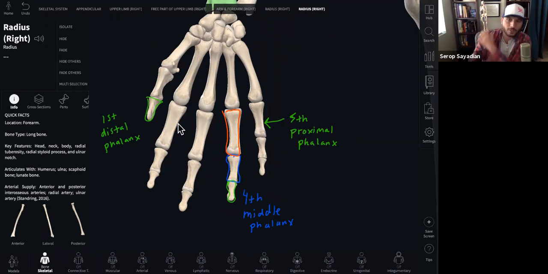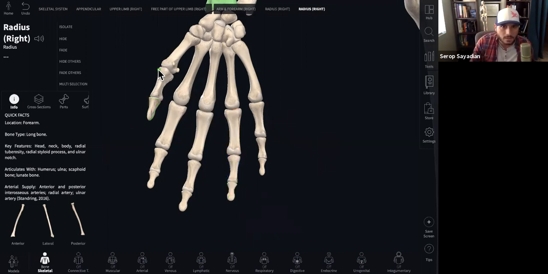Proximal is closer to the point of origin, closer up. So here's the proximal row. Then you're going to have the middle row. And then the distal row. And remember, the thumb has a distal one as well.